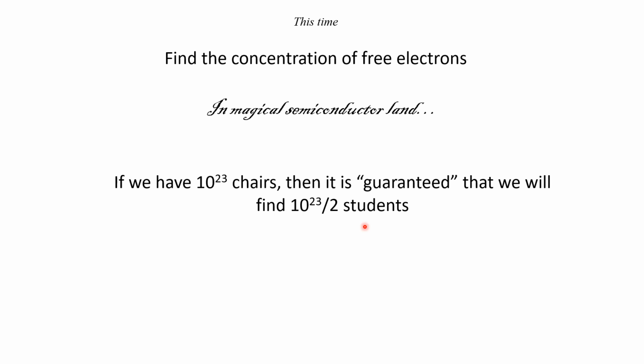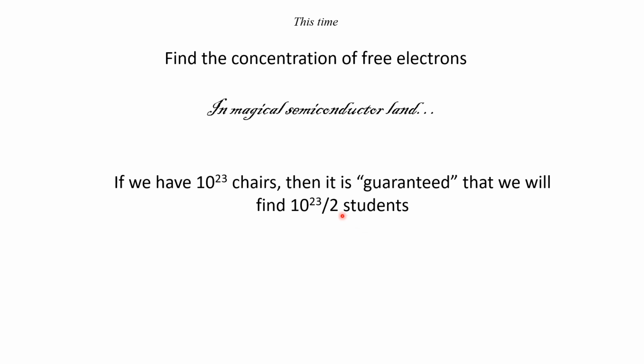Now, let's think of another way to interpret this result. We find that half of the chairs will be occupied because the number of students is actually the sum of the probabilities of each chair to be occupied. In this case, the probability is 0.5.